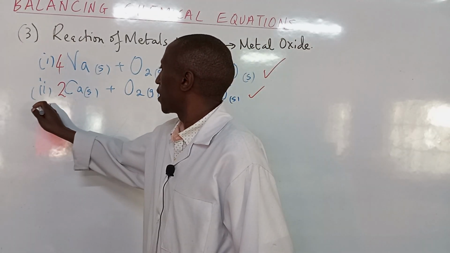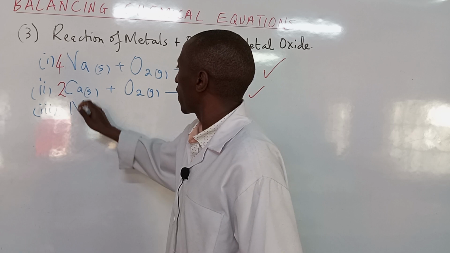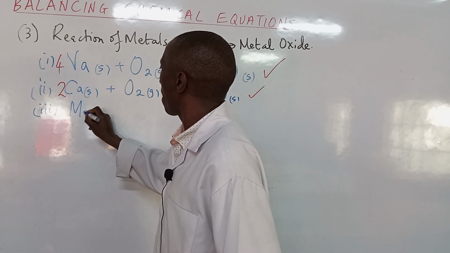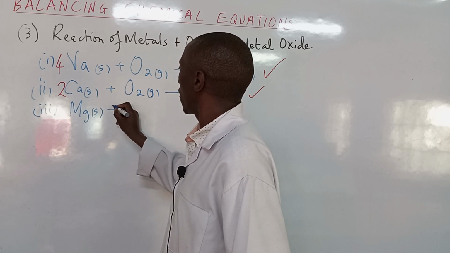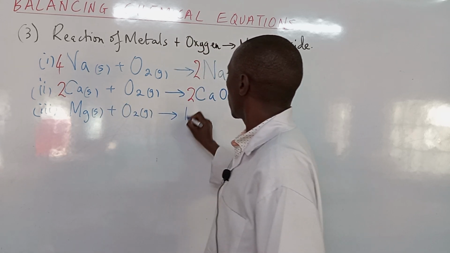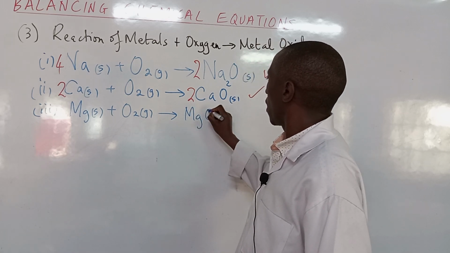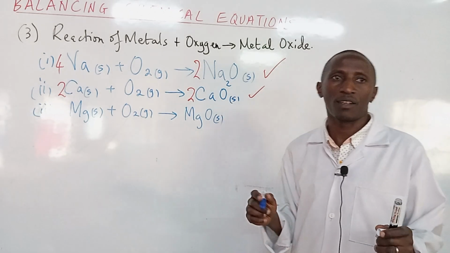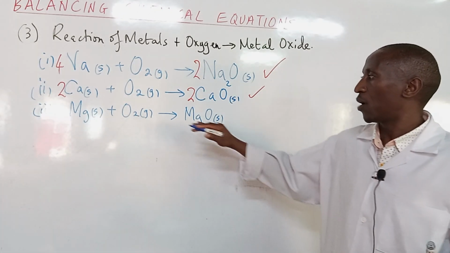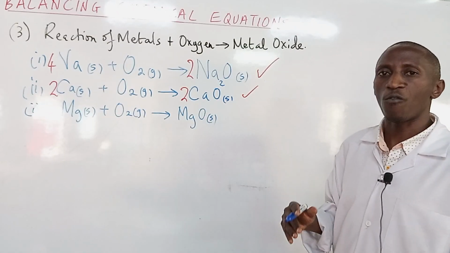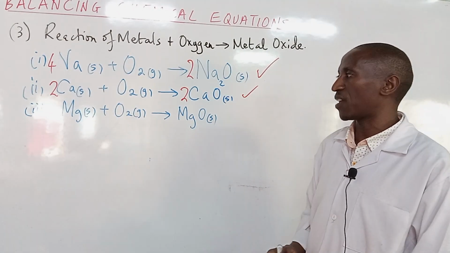Number 3, we have magnesium solid and oxygen gas. When magnesium burns in oxygen, we get a brilliant white flame or white light with a white solid being left behind.